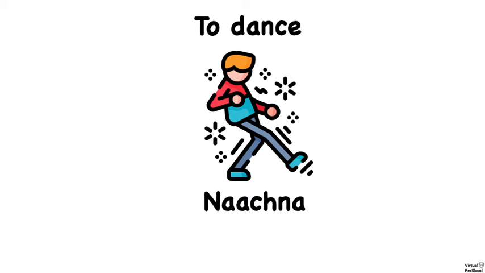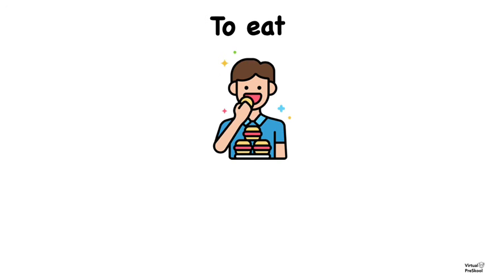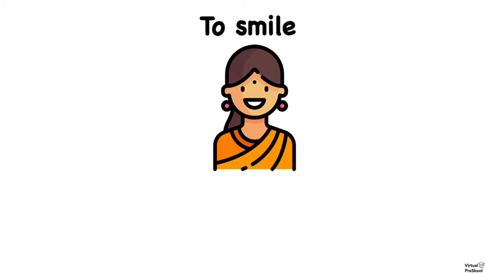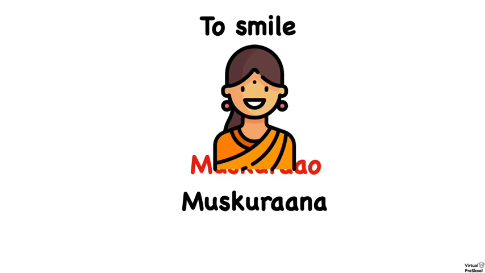And how do we turn it into a command? Nacho. To eat is khana. And how do we turn it into a command? Khao. To smile is muskurana. And how do we turn it into a command? Muskurao.